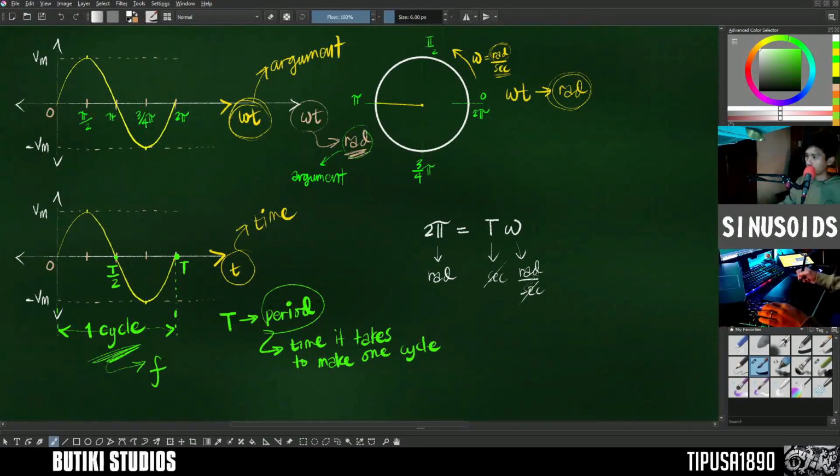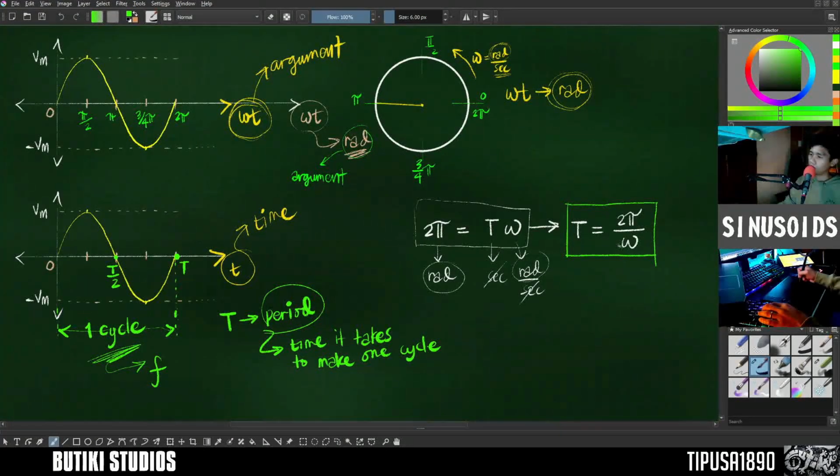The seconds cancel, so it becomes radians and radians. So we can get this formula, and from this formula we can say that our period is equal to 2 pi over omega. So this is the formula for your period, the time it takes to create one cycle.